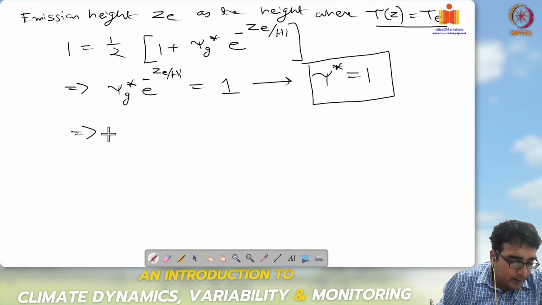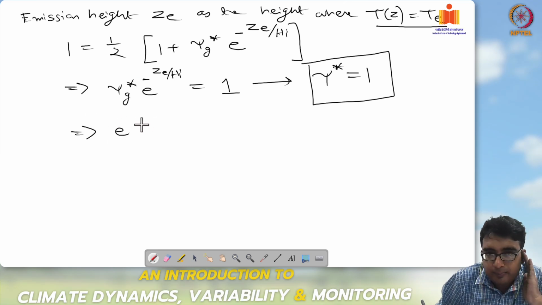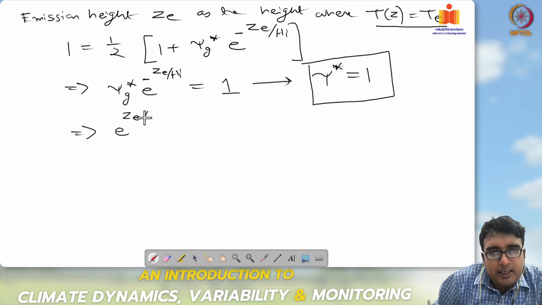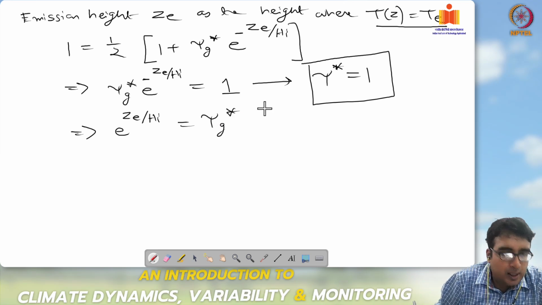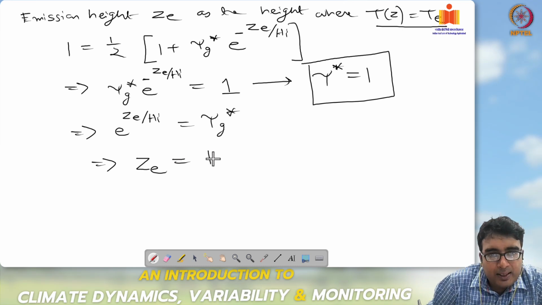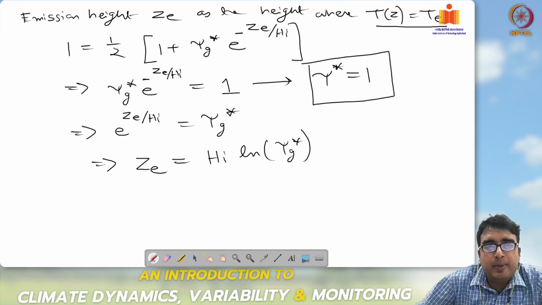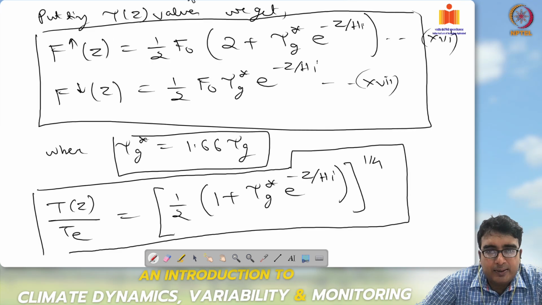This also means e to the power ze by hi, taking this to the other side, equals tau g star, which implies the emission height ze is hi log tau g star. Now remember what tau g star is.